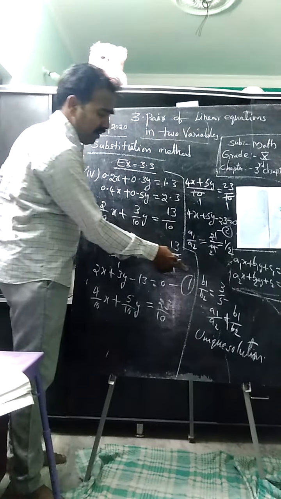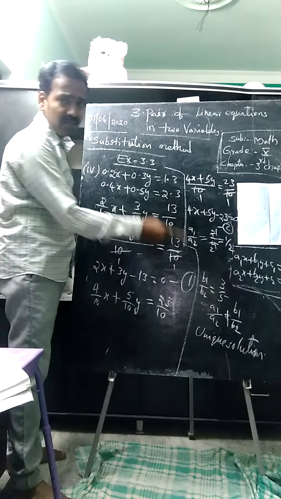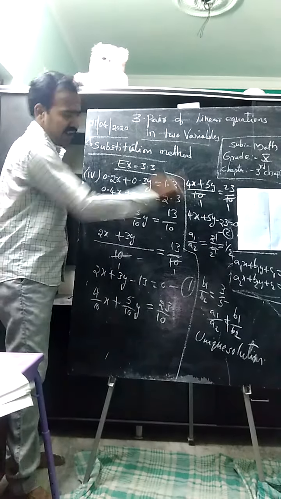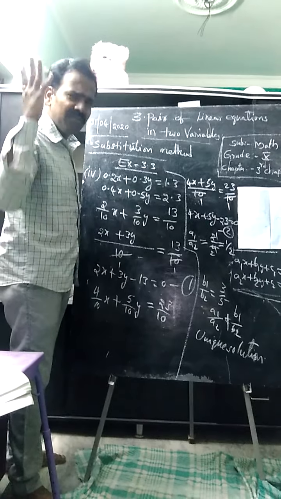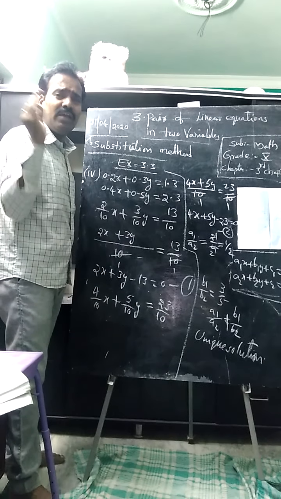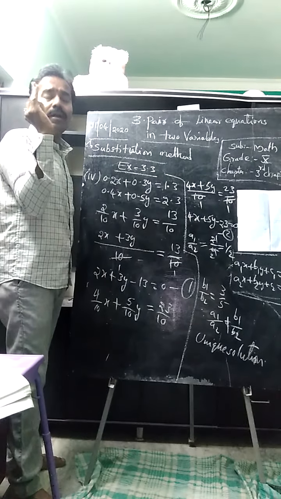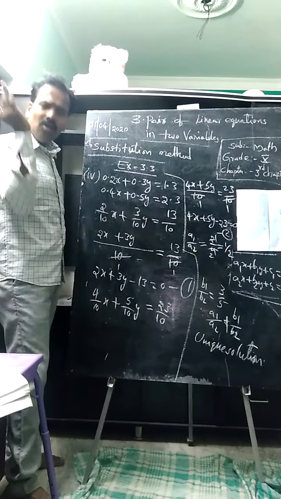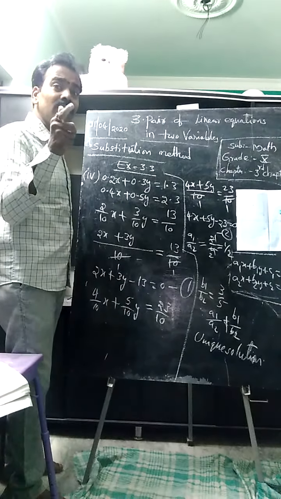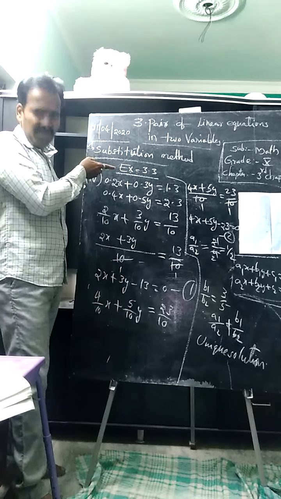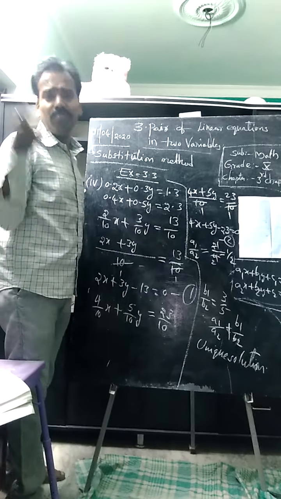If the condition a1 by a2 not equal to b1 by b2 is not applicable, that means the pair of linear equations in two variables contains infinitely many solutions or no solution, simply we will write that no algebraic method is applicable as this pair of linear equations doesn't contain a unique solution, or else contains infinitely many solutions or no solution. Like that you can write. If not applicable, fine; here applicable, yes, we will solve again like the previous problem. The rest of the problems do as home assignment.